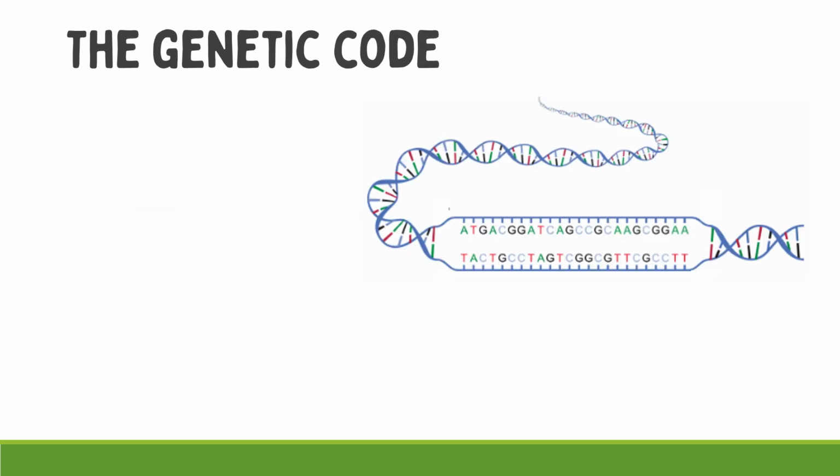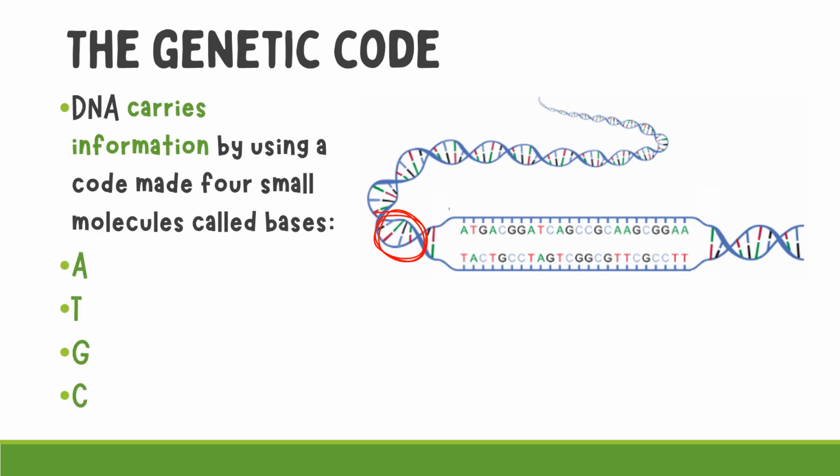The next concept is the genetic code, which we have mentioned briefly. And here's a representation of DNA, and we've zoomed in on one small section. If you actually look at a DNA molecule with a microscope, it doesn't have letters like this, but these different colored parts of the molecule here, there are only 4 possible different parts that can make up this middle section of the DNA, like the rungs of the ladder.